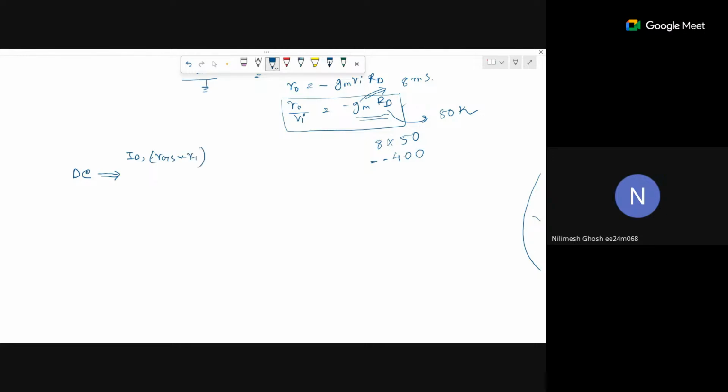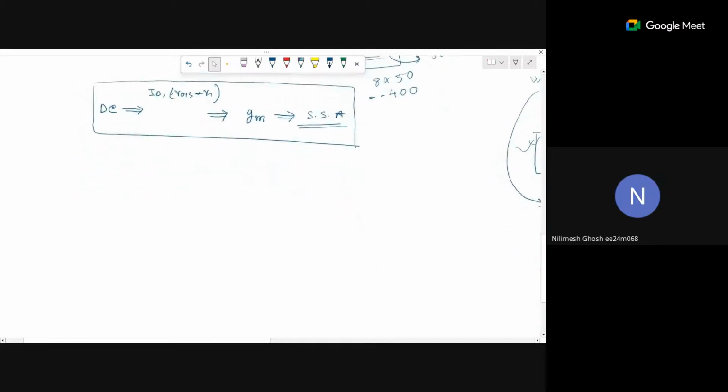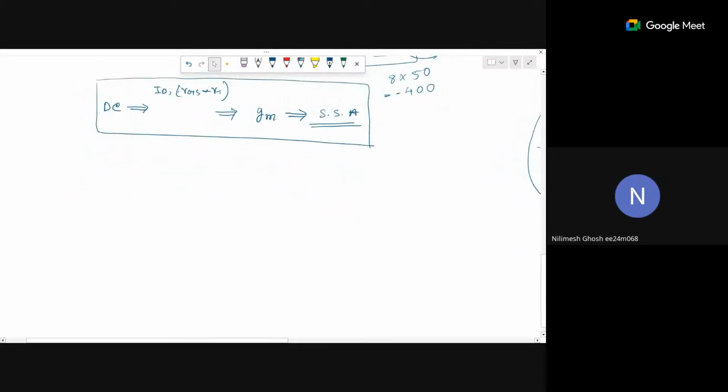After that, you will calculate GM. After that, you will go for small signal analysis. So this will be our path. That's why I spent a lot of time on DC operating points. Without doing the DC, you can't analyze the circuits in AC.